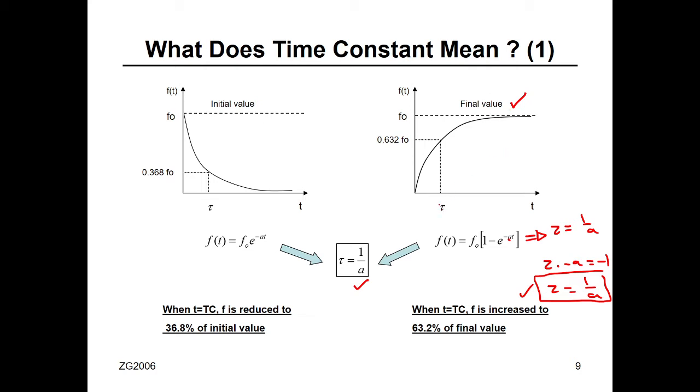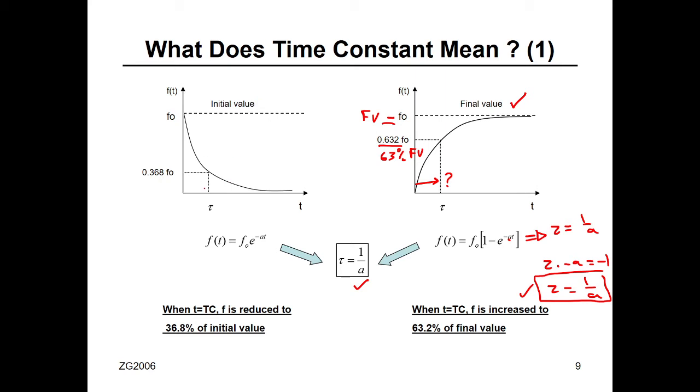Now, what does tau mean here? The time constant means the time it takes to reach 63% of the final value. Okay? This is the final value.